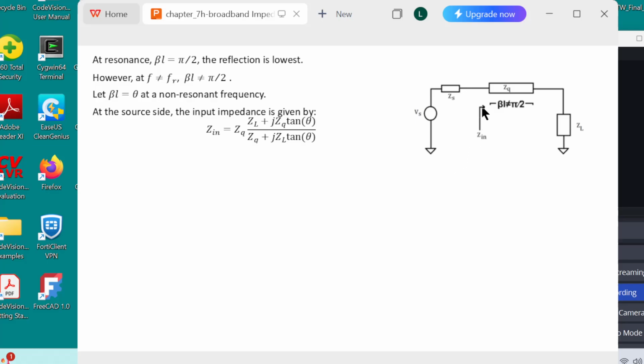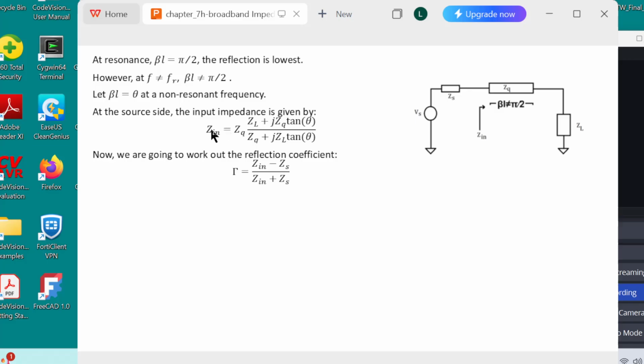This is the source input impedance. The reflection coefficient at this point is Zin minus Z0, the source impedance, divided by Zin plus Z0. Yes, that's it.